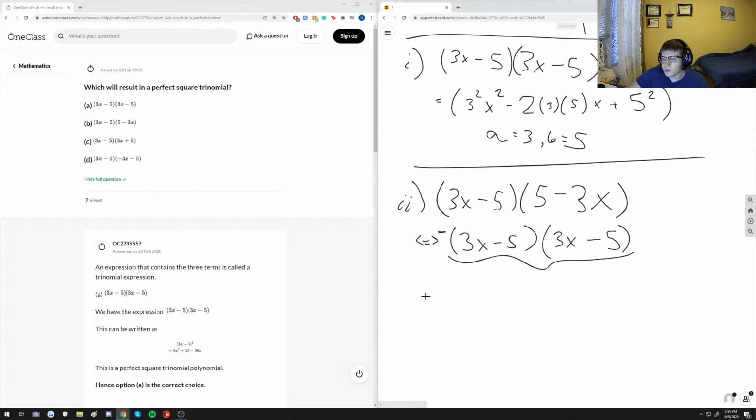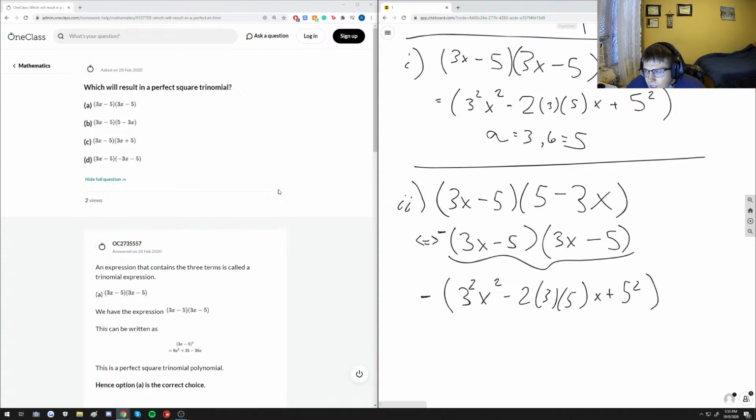So what we would get is minus, 3 squared x squared, my apologies, it would be 3 squared x squared minus 2 times 3 times 5x plus 5 squared.